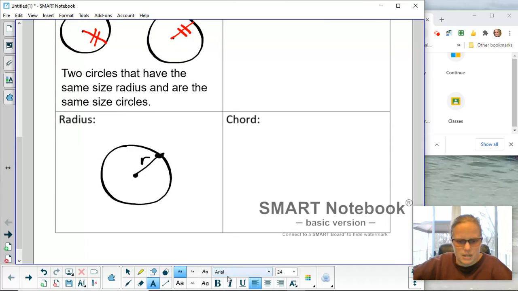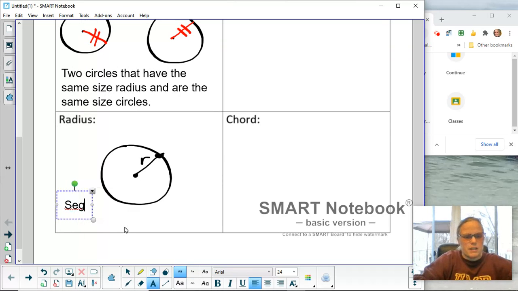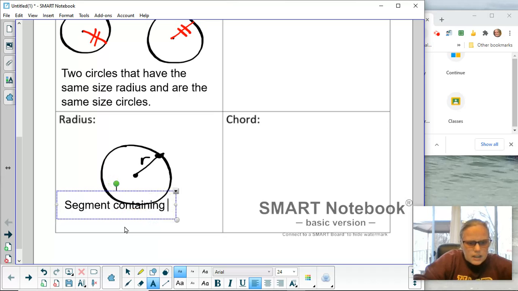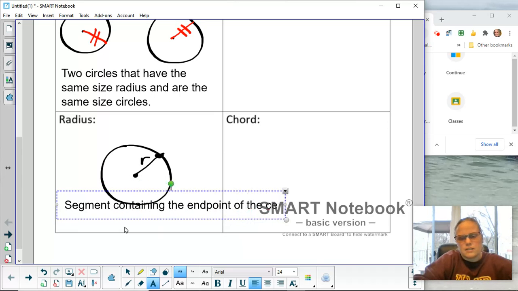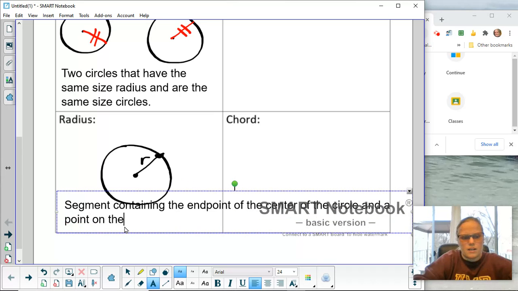All right, for radius, it is a segment containing the endpoint of the center of the circle and a point on the circle.